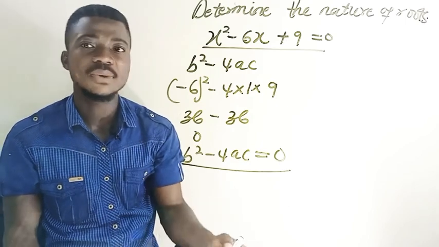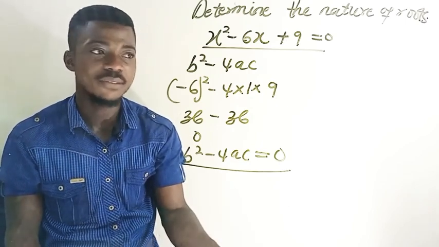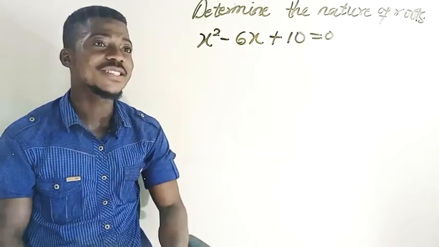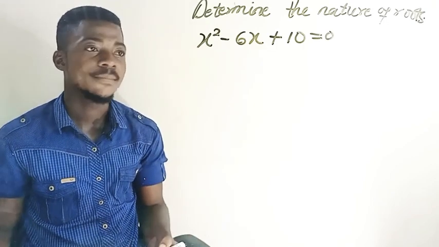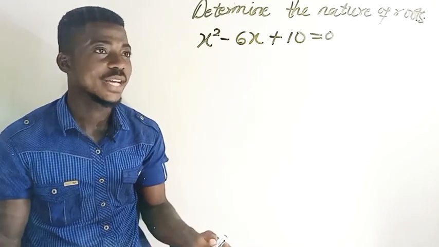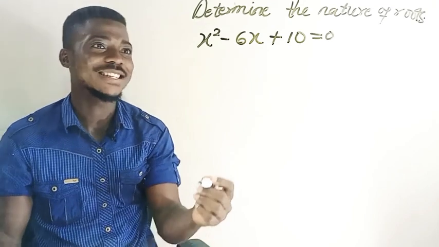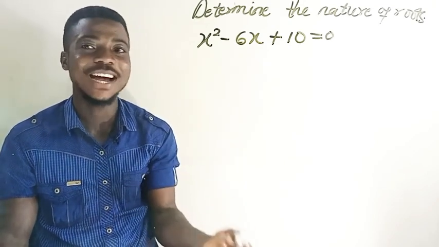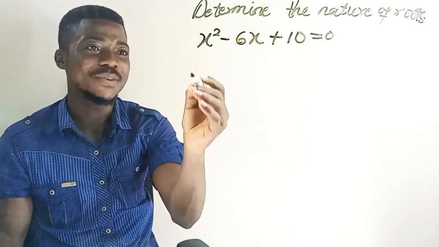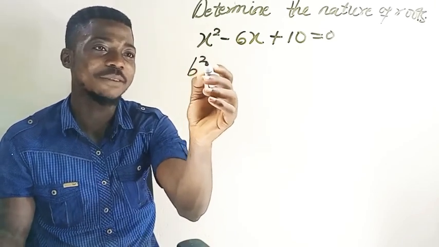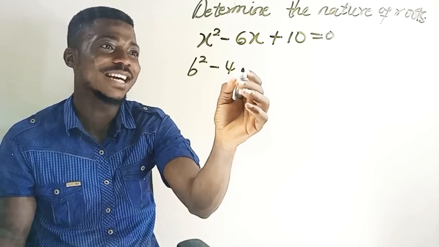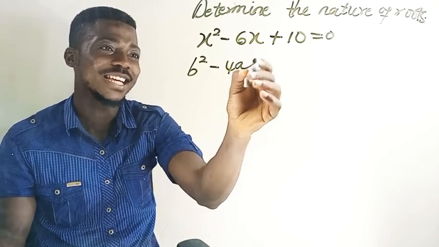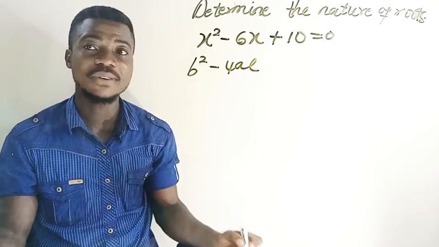Now, let's do another example. In this question, we are to determine the nature of the roots. This is going to be the last question we'll do in this lesson. So how do you do that? You have to find the discriminant of the equation, so we put down the formula: b squared minus 4ac.